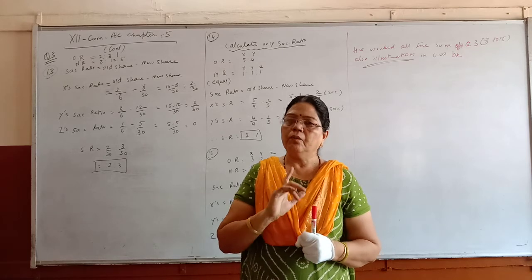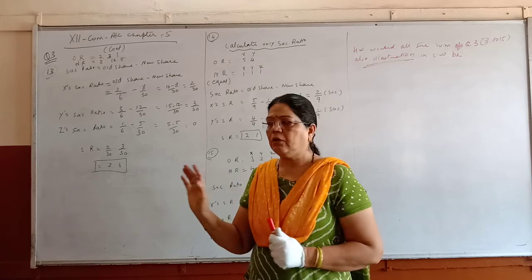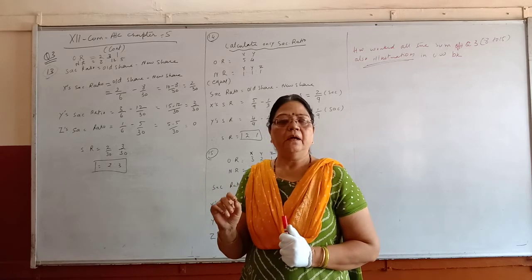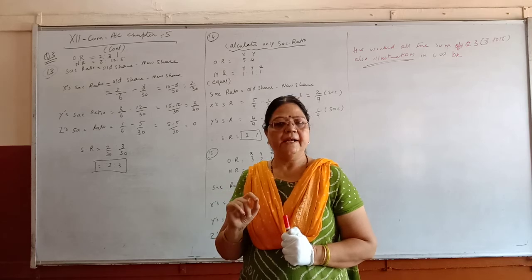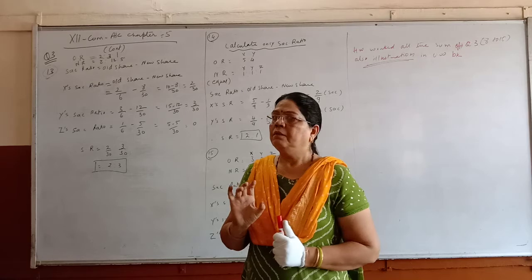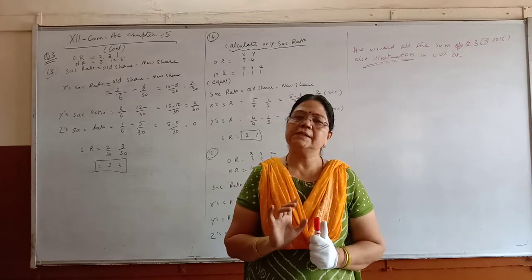Thank you. Work all the sums. First you will work out what we have worked out now, and then again you have to understand and work it out in your homework book. This all will be one adjustment in the sum.